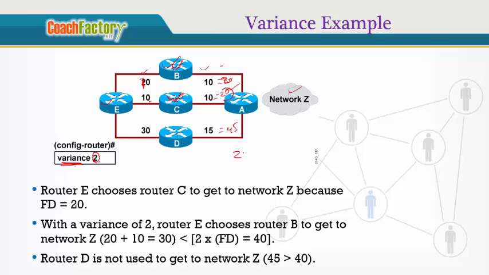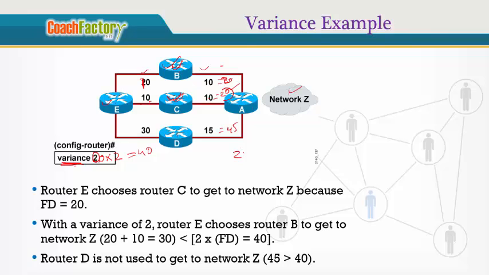What does variance 2 mean? It means 20, which is the best path FD value, multiplied by 2. 20 multiplied by 2, that is what? 40.